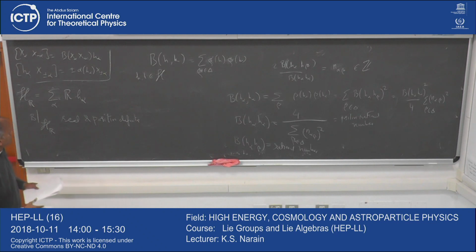So that's the point. If I now look at any combination, let's say some x_alpha H_alpha, and take B of this with itself.